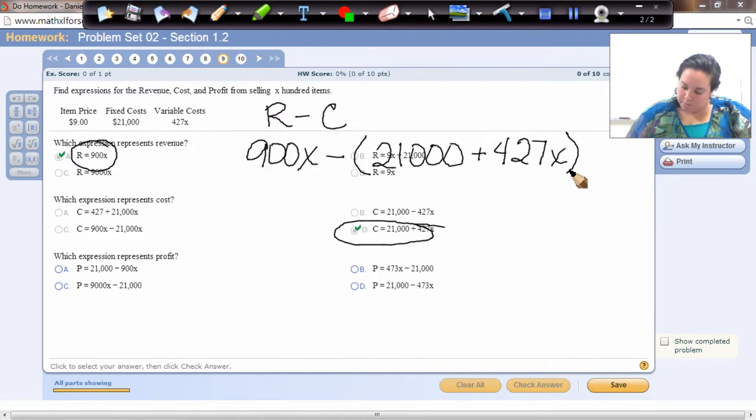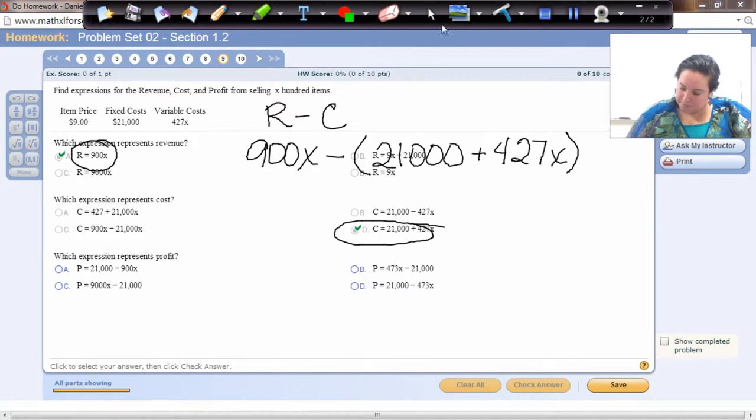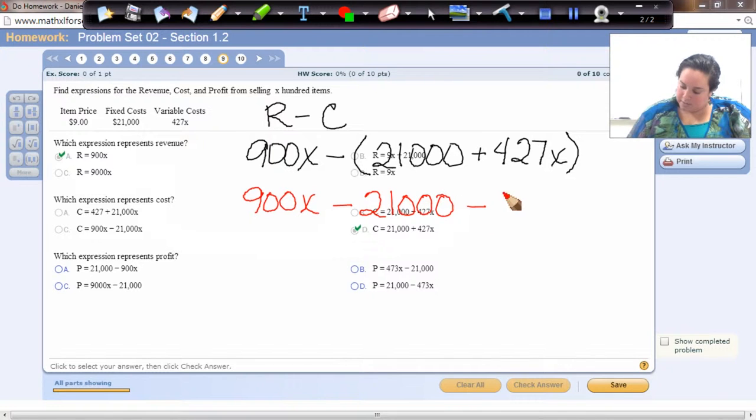Let me get a different color here that might show up a little bit better, and erase this. I'm just going to write right on top of what's going on. We're just going to try to simplify this so that we can find out our answer. We want 900x minus 21,000 plus 427x. We need to distribute this negative. 900x minus 21,000 minus 427x.